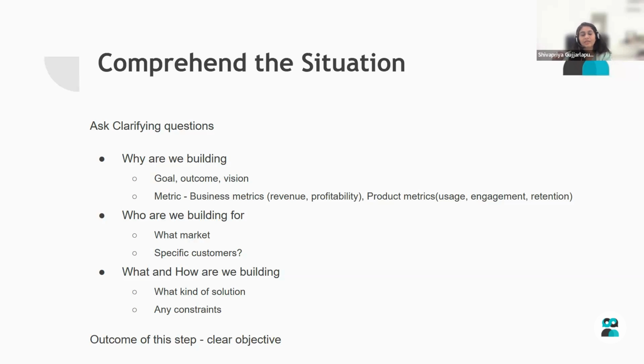If there are any technical constraints or budget constraints, all of these things need to be clear before we start getting into the solution. So this step, comprehending the situation, is nothing but getting a more scoped and specific problem statement from a more broad and ambiguous problem statement that the interviewer is giving us.